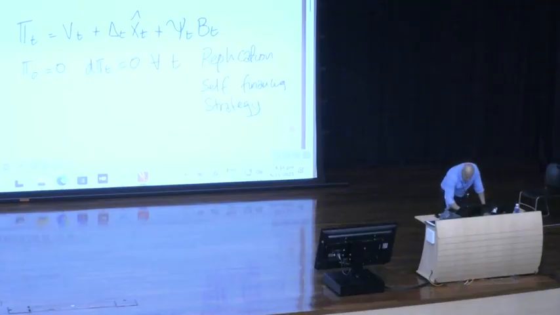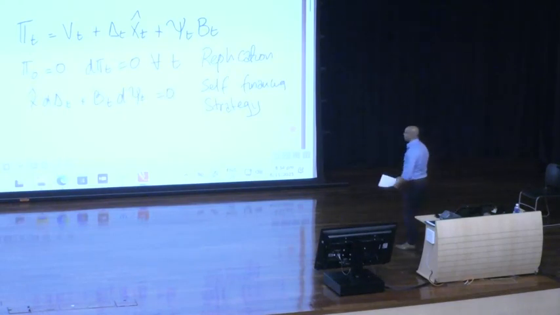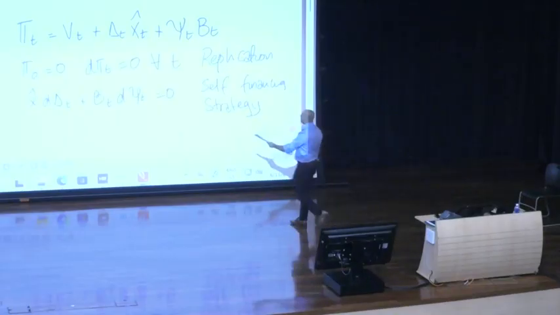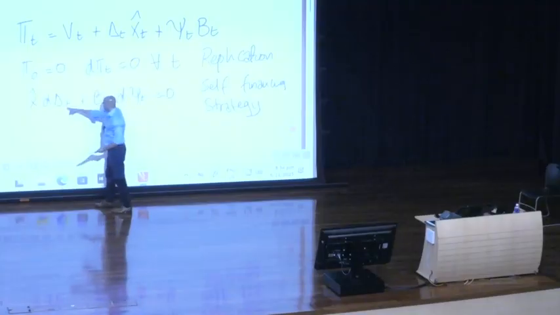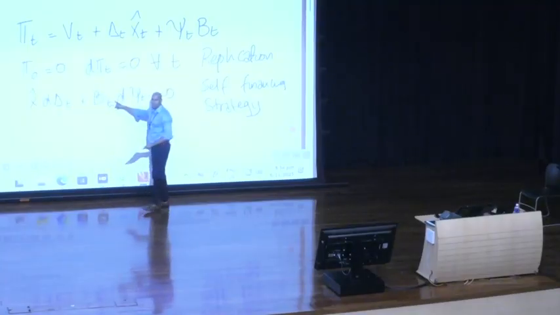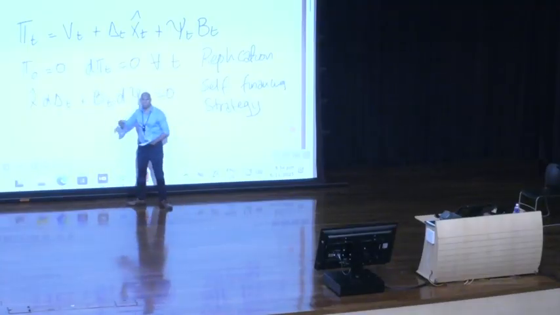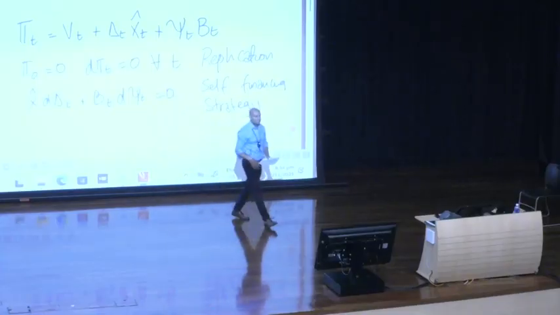Okay, and the self-financing strategy is basically x hat d delta plus b d psi equals 0. Okay, that's saying nothing more than if you need to adjust the holding delta of this foreign asset, you finance it from the money market account. Okay, so these two sum up to 0. That's what the self-financing strategy is.